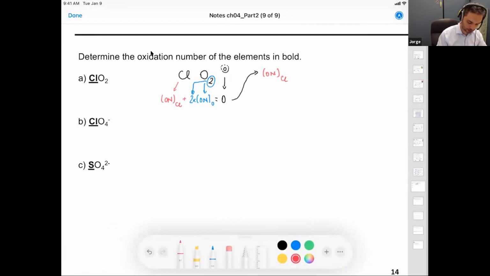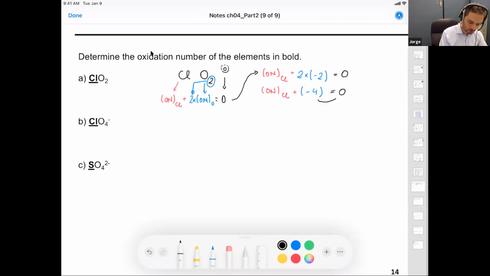So let's rewrite here. We know that oxidation number of oxygen is always 2 minus if this is not a peroxide, and this is not a peroxide. So let's write here 2 times minus 2. That has to be equal to 0. Therefore, oxidation number of chlorine plus, attention here, do not forget the sign, plus minus 4 equals 0.